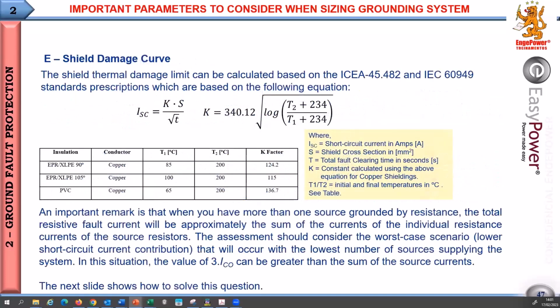Shield damage curve is calculated by the ICEA standard. And this is the equation you have to calculate: the current, which is the current that this shield is able to carry, and the time the shield is able to withstand.